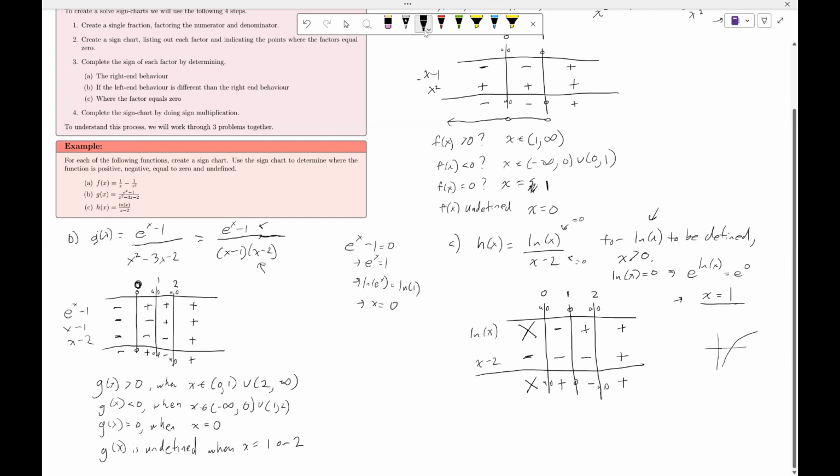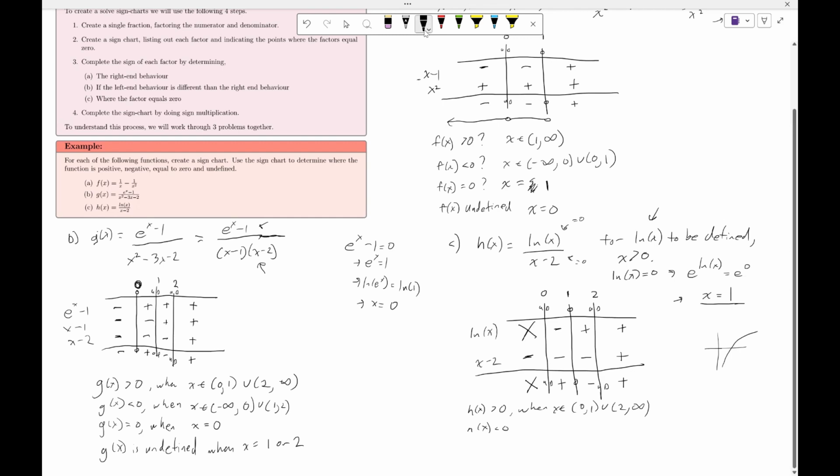Okay. Taking this resulting sign chart, we can complete the questions. H of x is greater than 0 when x is in 0 to 1, union with 2 to infinity.